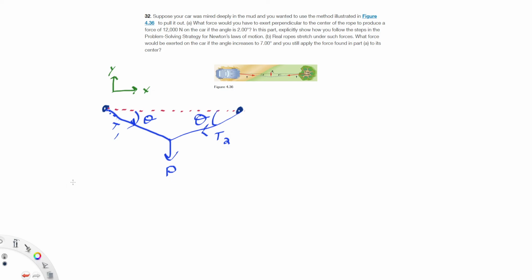Let's do a little vector breakdown here. So T1 is going to be, right, in the x direction, the x leg of T1 here is going to be parallel to the x direction, or sorry, is going to be adjacent to the angle here. And it's going to the right, so it's going to be positive.